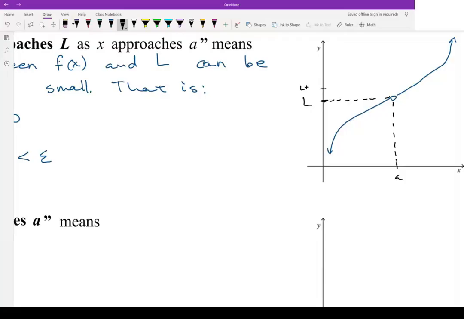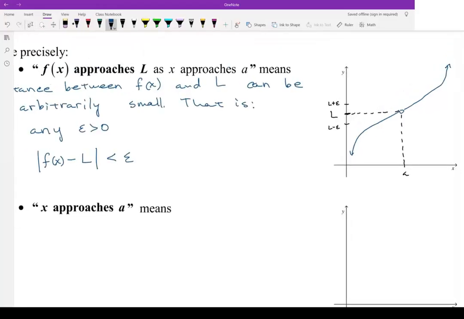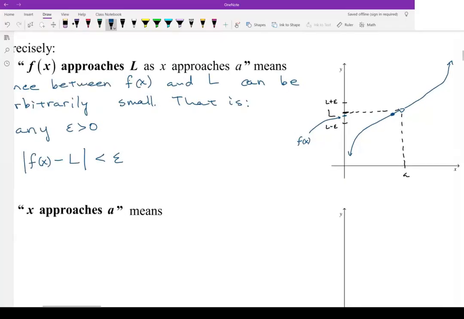And when I say a little bit, I mean epsilon. And here I've got L minus a little bit. Okay? And f of x, let's say I have a point right there, f of x is going to have a y value inside there. So maybe that is my f of x. And so the idea is the distance between f of x and L is less than epsilon.